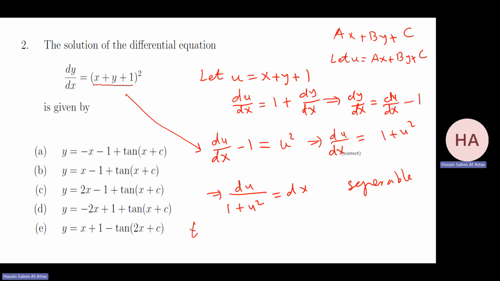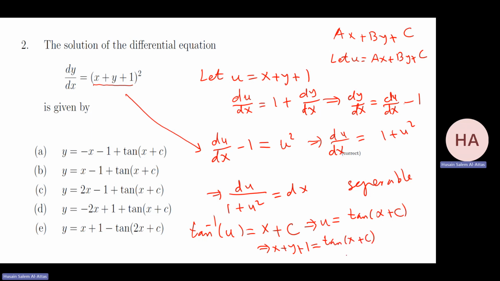So I have tan inverse of u equal x plus c. So u is equal to tan of x plus c. And what is u? I have x plus y plus 1. This is u equal tan of x plus c. If we look at the answer, it's y equal, so let me write it: y equal minus x minus 1 plus tan of x plus c. And that will be my answer.